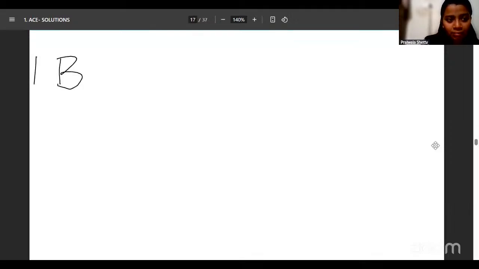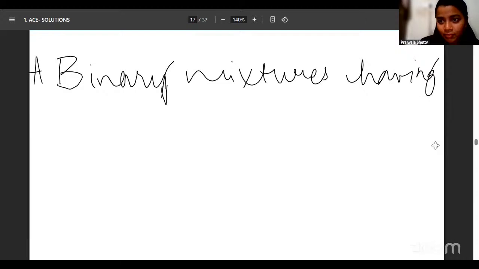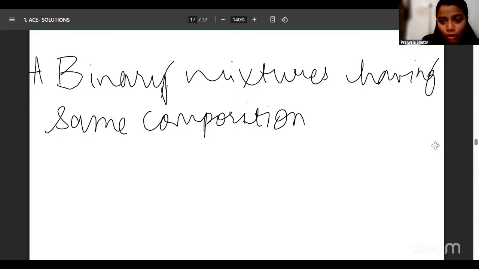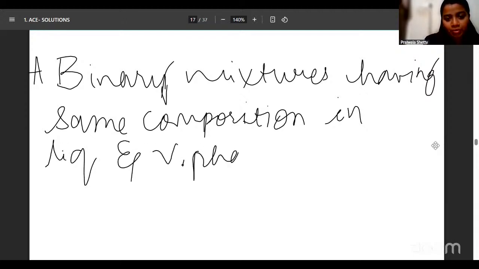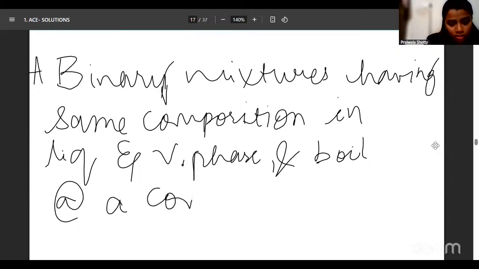A binary mixture having the same composition in liquid and vapor phase also, and boils at constant temperature.